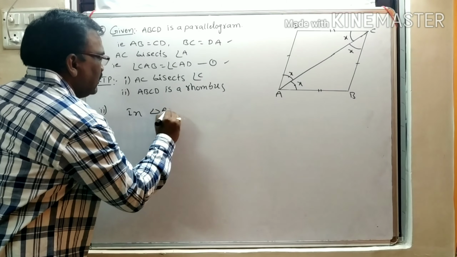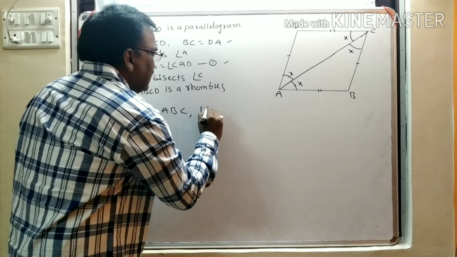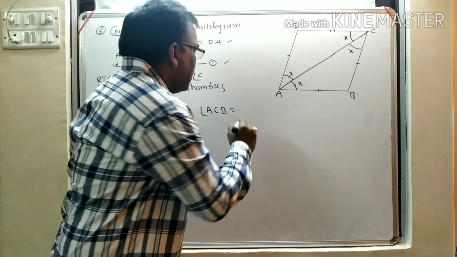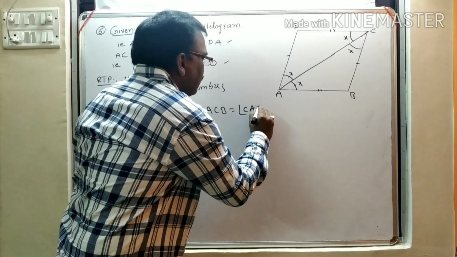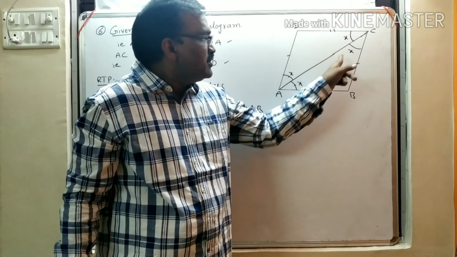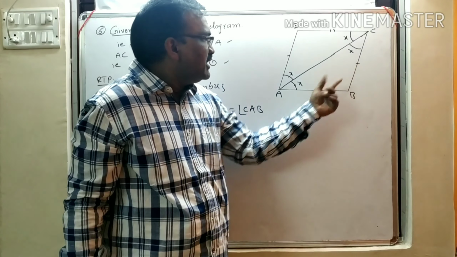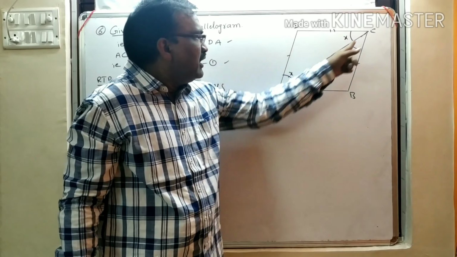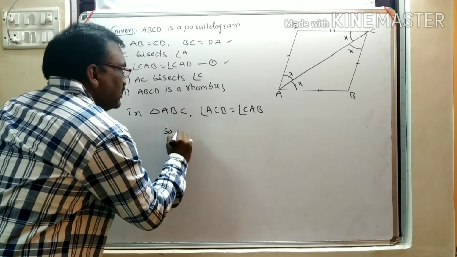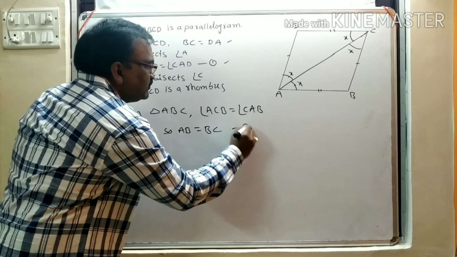In a triangle, these two angles are equal, so their opposite sides are also equal. Angle ACB opposite is AB, angle CAB opposite is BC. So AB is equal to BC.